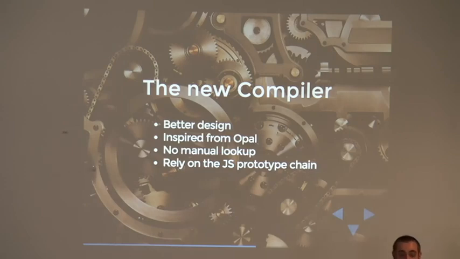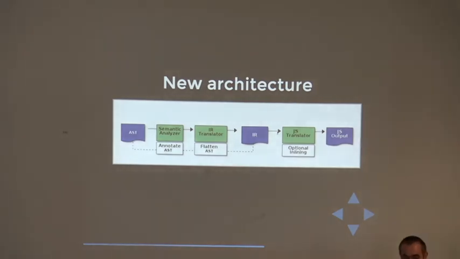So it's a lot faster and it uses a lot less memory. Before, since we did the inheritance by hand, every compiled method was copied over to the classes. Now we rely on the prototype chain. So it's a much better compiler with a new, much better architecture.